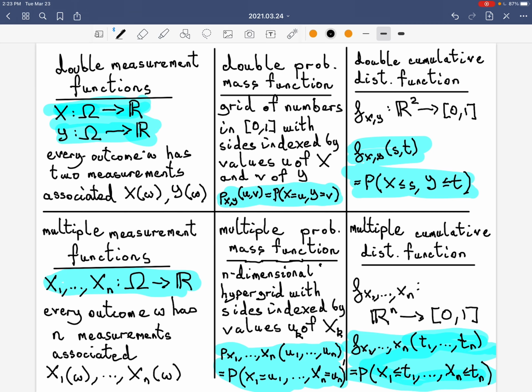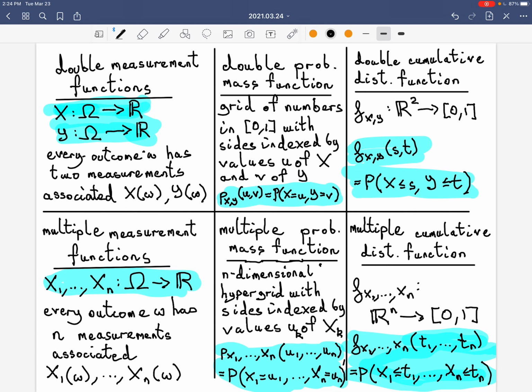So if you recall, the probability mass function for a single random variable, we were able to encode as a table. So we want to think of it as a linear table, a one-dimensional grid where you just have labels and cells with a one-to-one association between labels and cells with outputs.